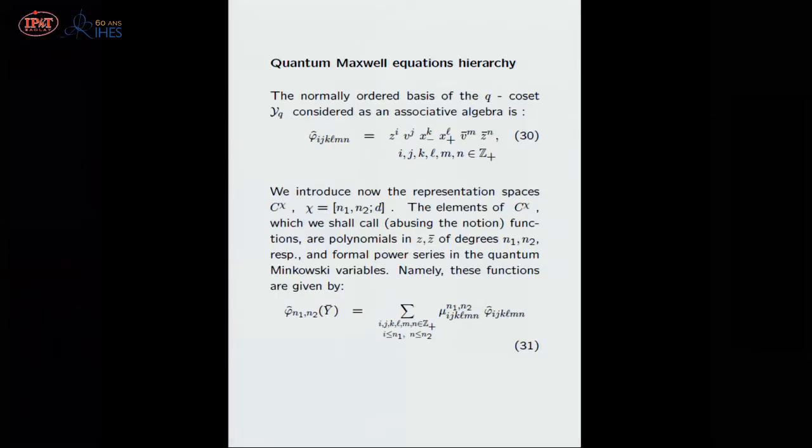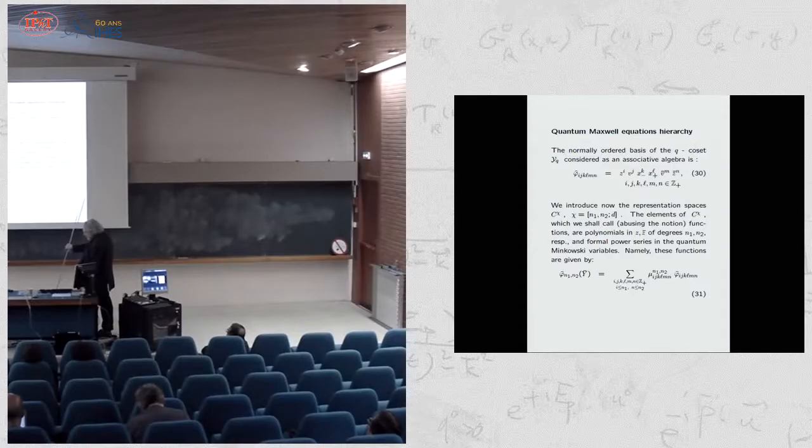Now, of course, we have to have representations. Now, certainly, now our variables are non-commutative variables. We cannot work with them like functions. But we can mimic many properties of the functions.